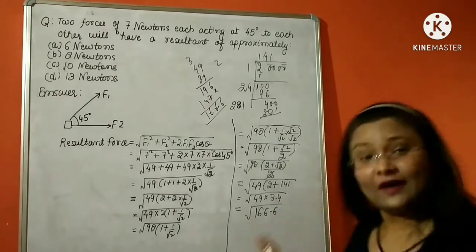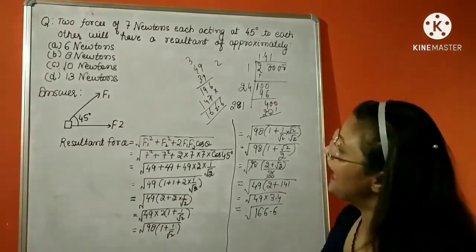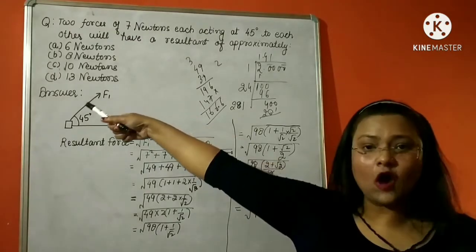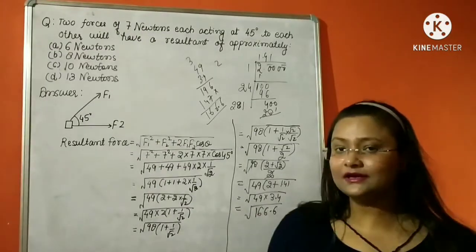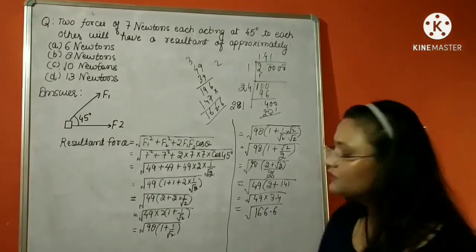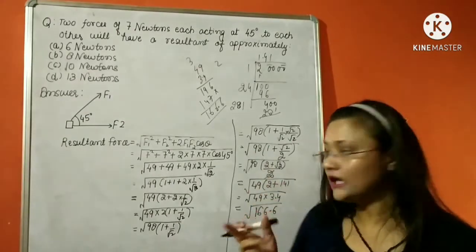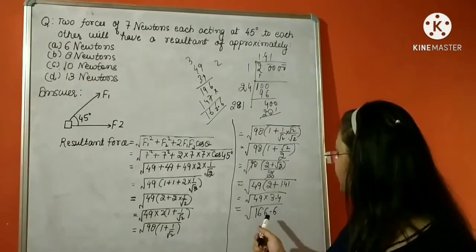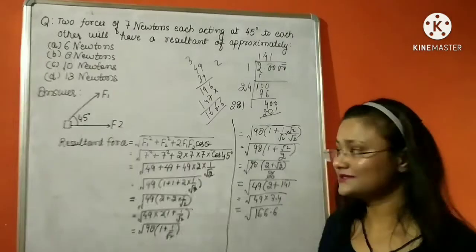So the resultant is the square root of 166.6. Now the options given do not have the value under root, so we have to remove the square root. Now we think: what will be the square root of 166?